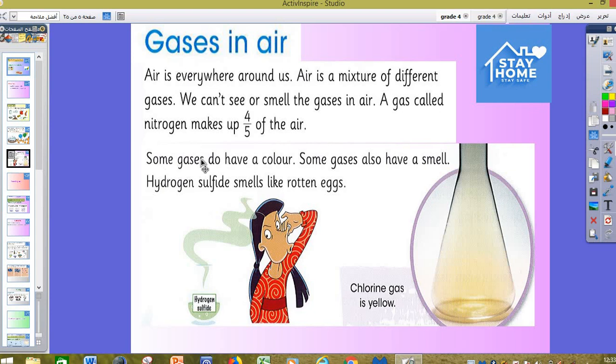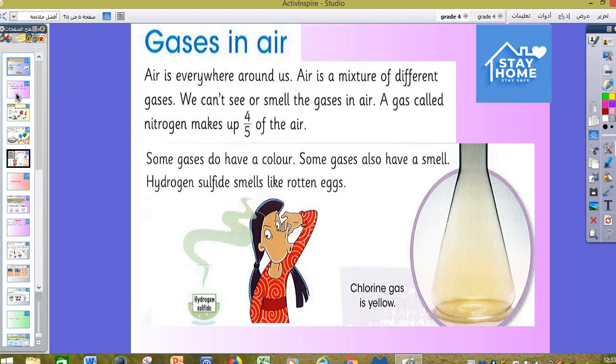Also, guys, some gases do have a color, not all of them, but some of them. Some gases also have a smell, like hydrogen sulfide, which smells like rotten eggs, and this is a very bad smell. You will not like to smell it. And this is chlorine gas, which seems to be yellow.